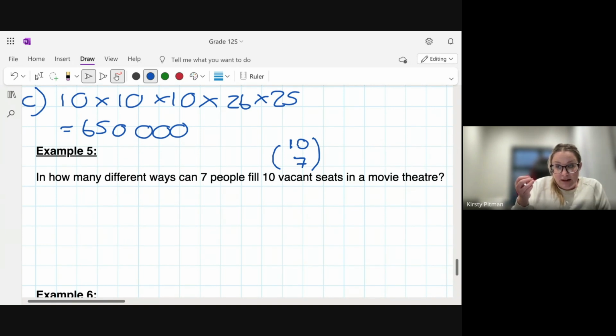So that means I've got 10 times 9 times 8. I've got 3 options in the bottom. 10 times 9 times 8.